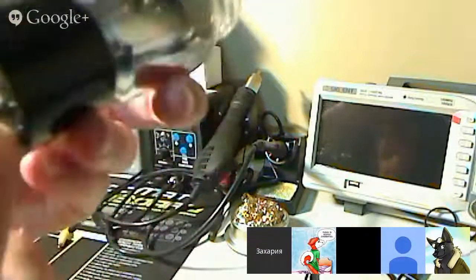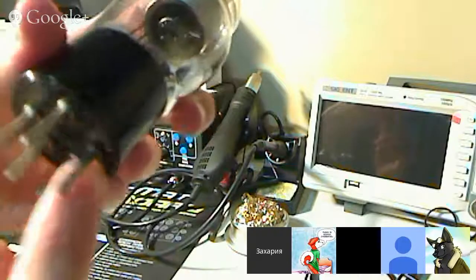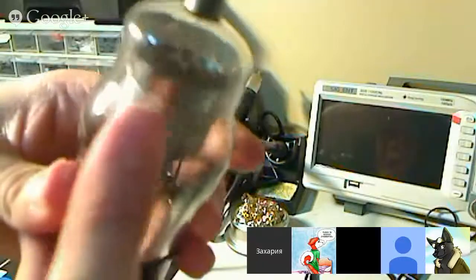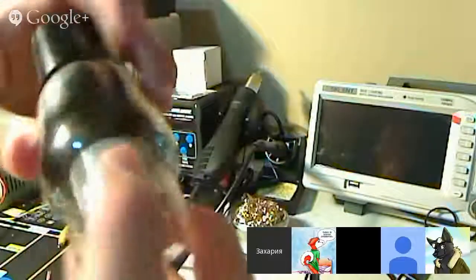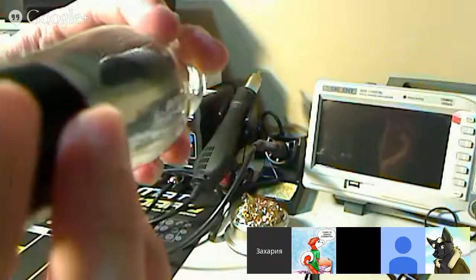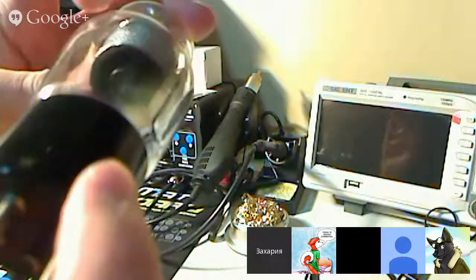And basically, I don't know if you can see inside there, but you can see on the outside, this metal cylinder is the anode on the outside. And on the inside, there is a similarly rolled shape.